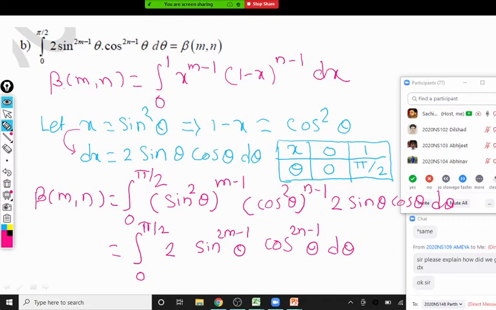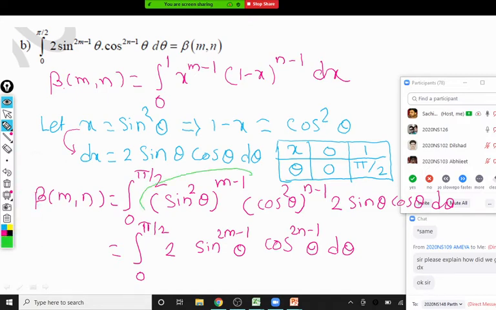Any doubt other than this? Excuse me, sir. I could not understand the last step, sir. The last step is just collecting the powers of sine and cosine together. Nothing else is done there. But what happened to 2 sine theta cos theta? That's only now. What is this power? First, tell me.